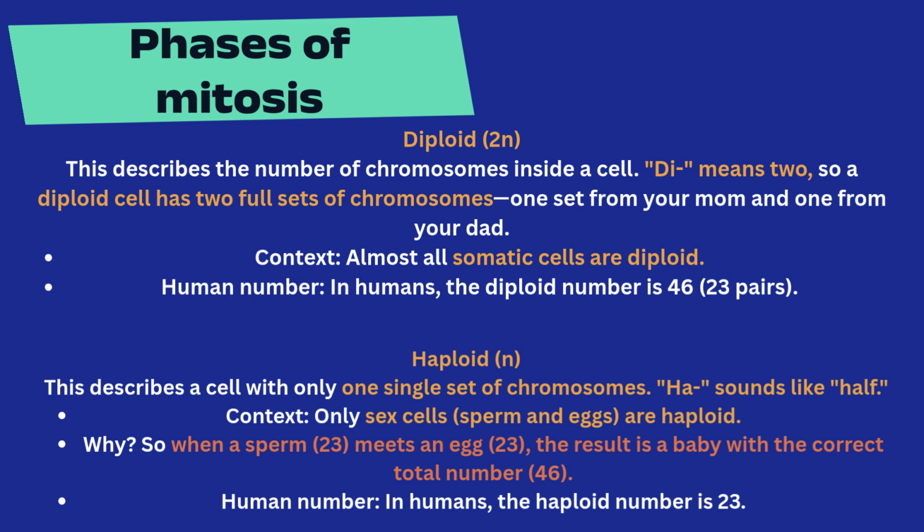Somatic cells are your bodily cells, and they have 46 chromosomes and are all diploid. Your sex cell is haploid, meaning it has 23 chromosomes, n, and diploid is 46.